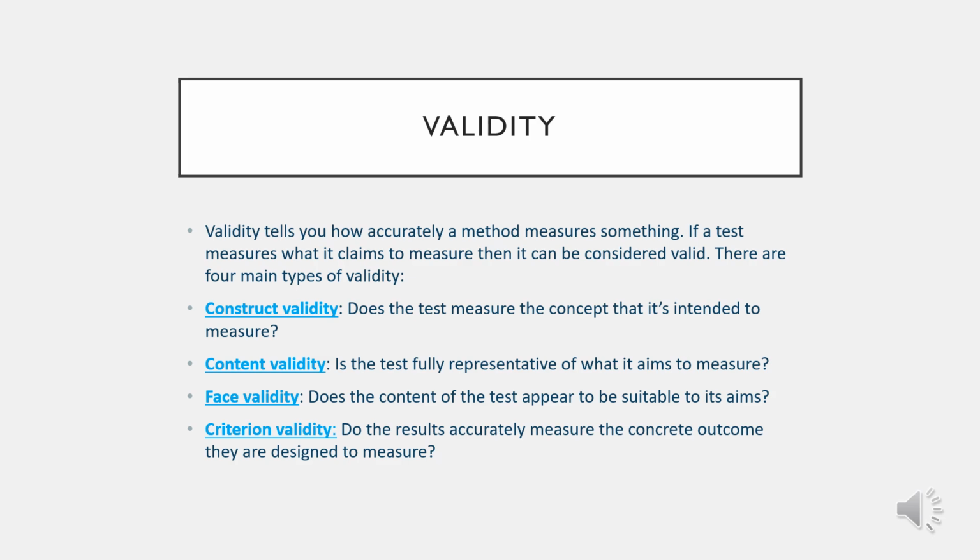So we also need to look at the content validity. Is the test fully representative of what it's aiming to measure? We might have a memory test that is only looking at recognition memory, or is only looking at visual memory or memory for faces.